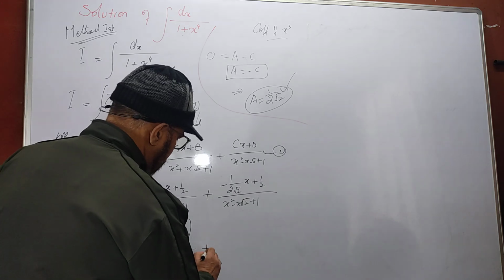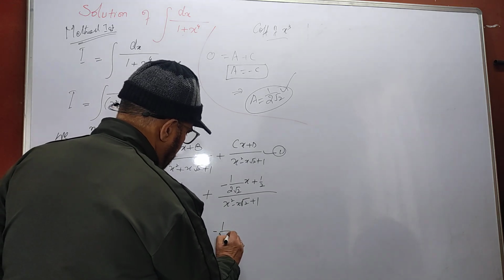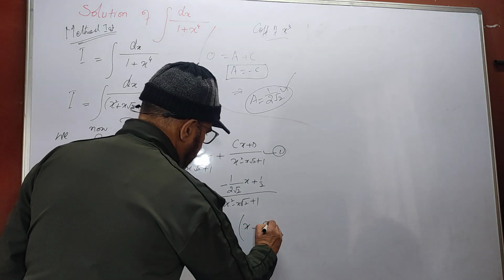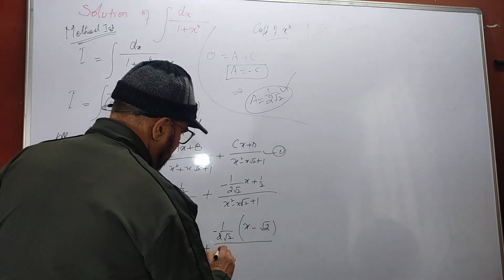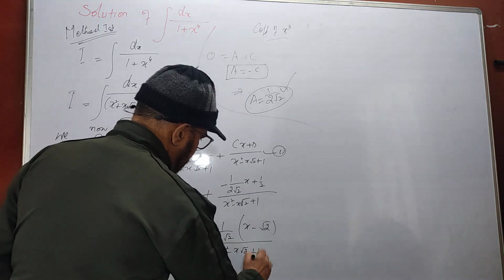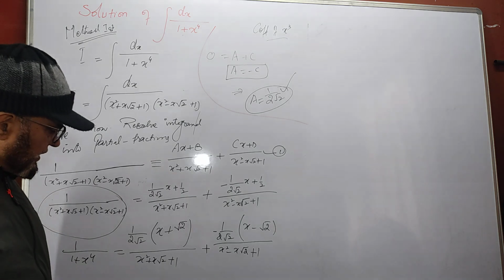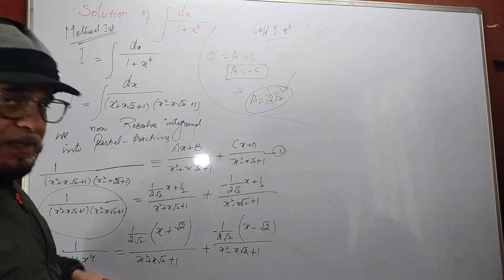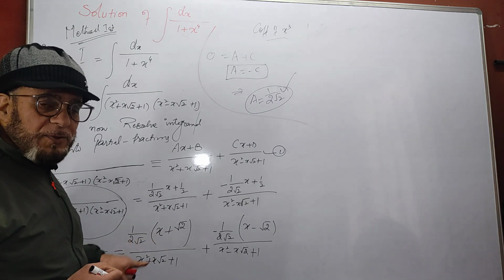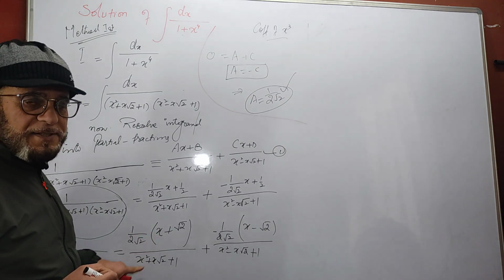Here also you can go this way, take minus 1 by 2 root 2 out. This will be x minus root 2 by x square minus x root 2 plus 1. Now we will be in a position to integrate this, because you have got the numerator factor linear and the denominator factor quadratic.